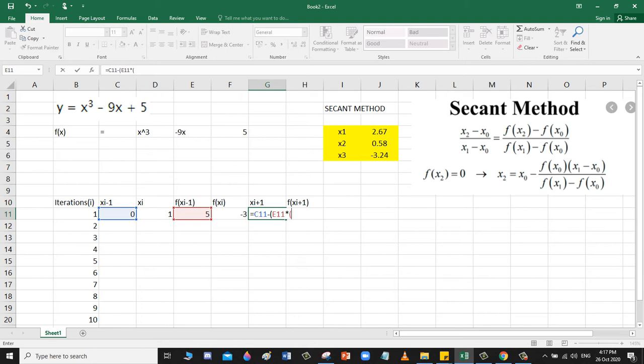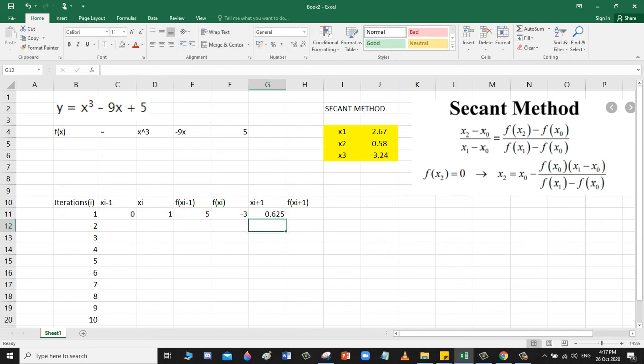This one, minus x naught, this one. Then, finally, dividing this term by f of x1 minus f of x naught. Let's write the parenthesis first. F of x1 minus f of x naught. Then close parenthesis.